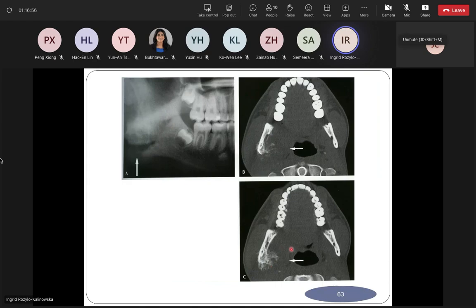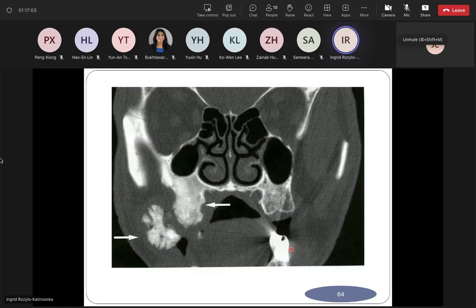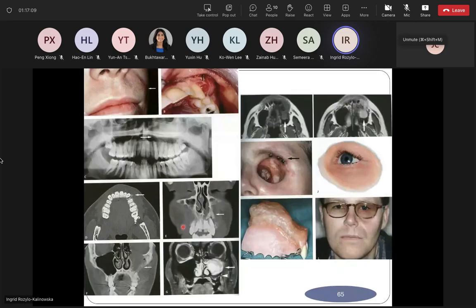And there's also an osteosarcoma. So here you can see some photographs and images from CT and MRI from the same patient.